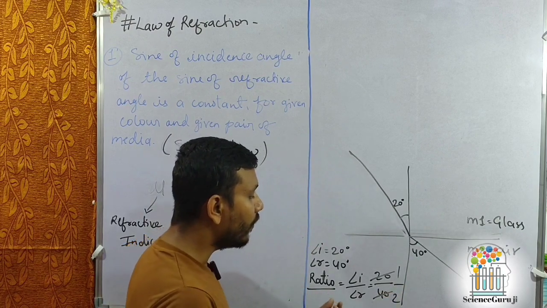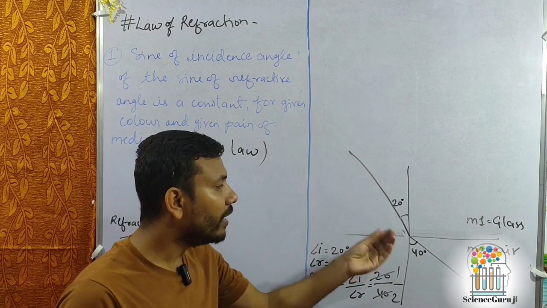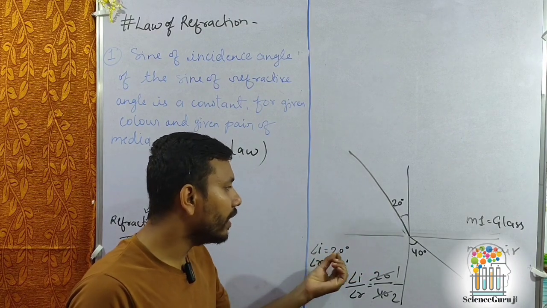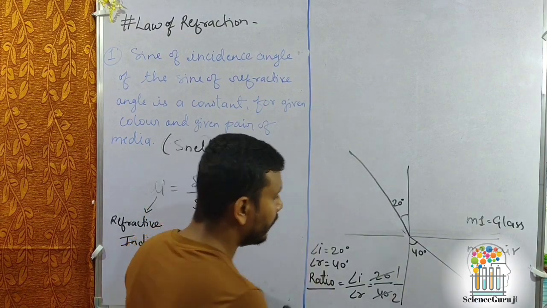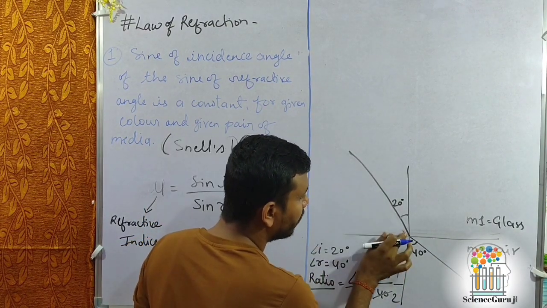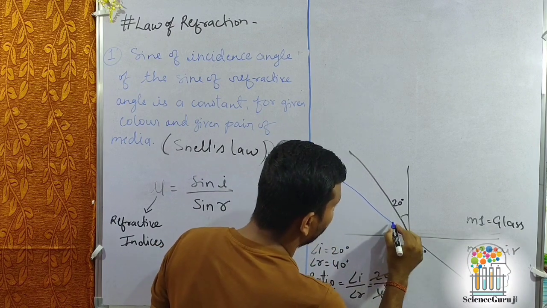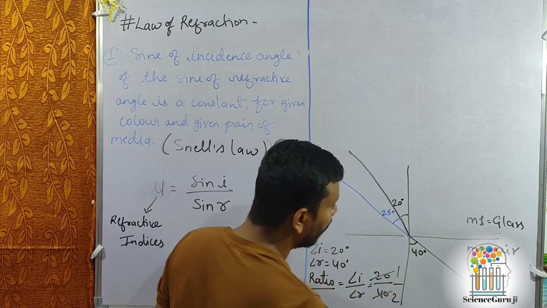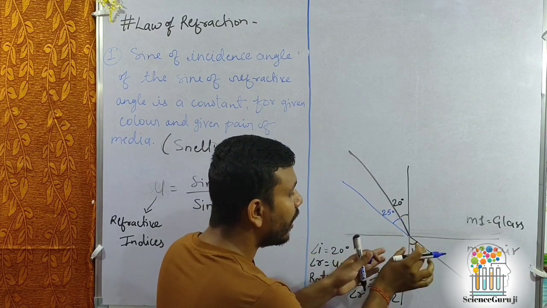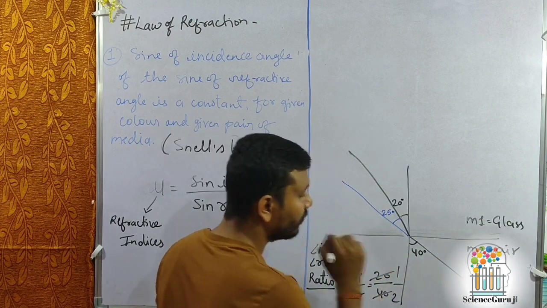Suppose we increase the angle of incidence by 5 degrees. This becomes 25 degrees. So the angle of refraction also increases.